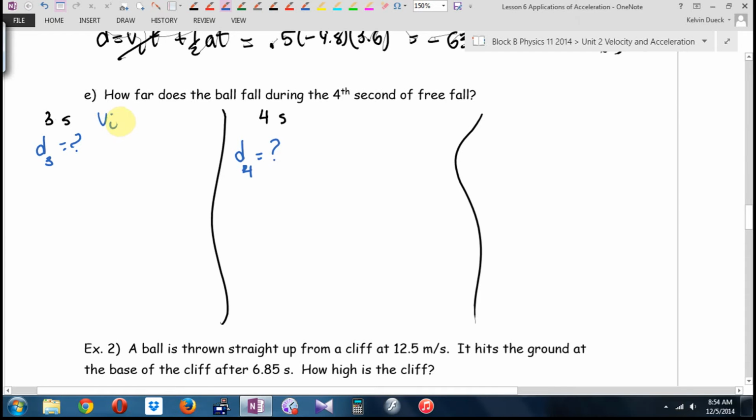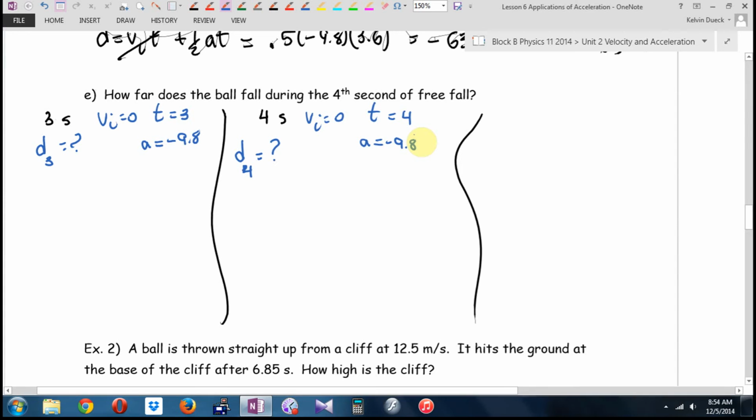VI is 0. And for the 3 second, time is 3. And for the 4 second, time is 4. And it's free fall, so we also know the acceleration. What's the acceleration? Negative 9.8. Is that okay so far, Max?